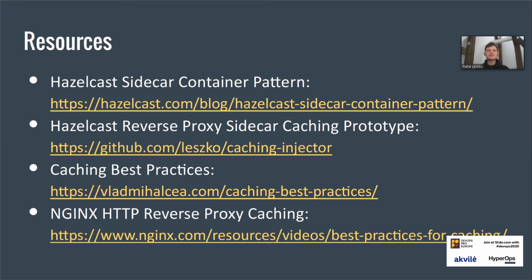It's not really related to this talk, but it's a very good blog post about general caching and good practices. And the last link here is a very good video talk about Nginx reverse proxy caching and how to use it. So I really recommend watching this.